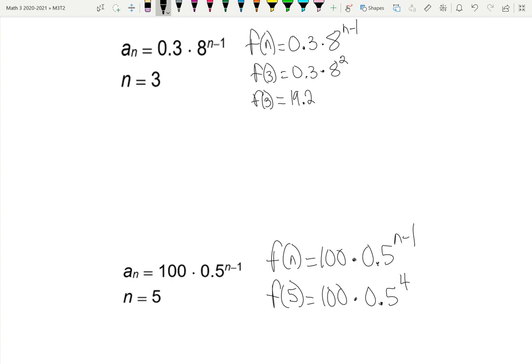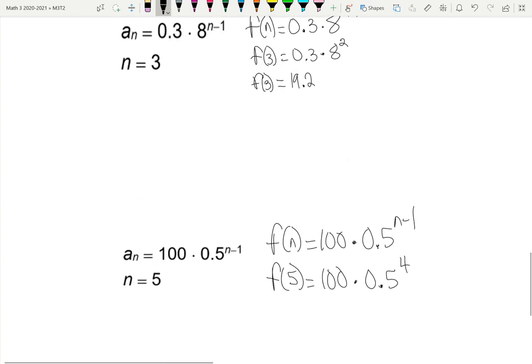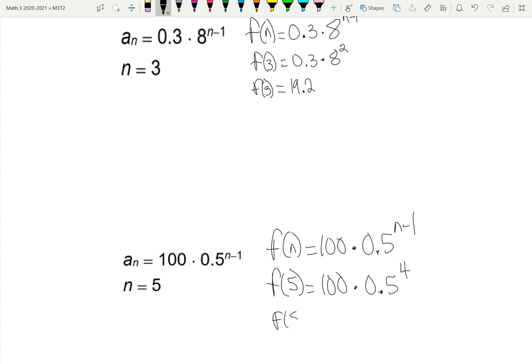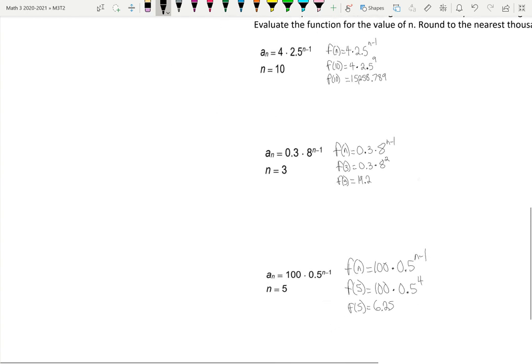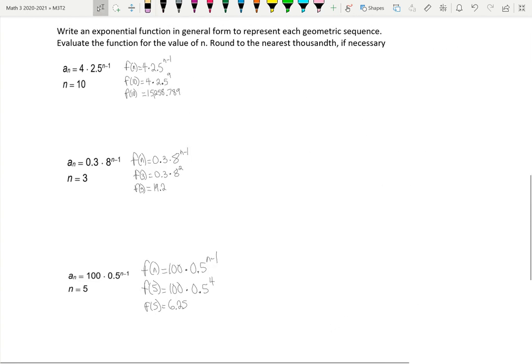Plug this into a calculator, and you will get the output of f of 5 is equal to 6.25.